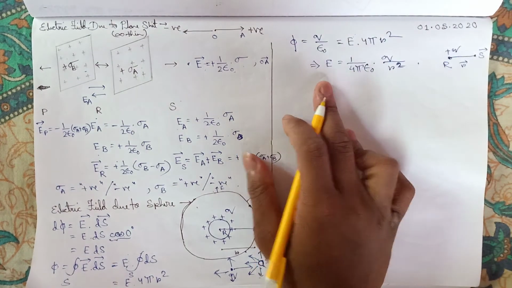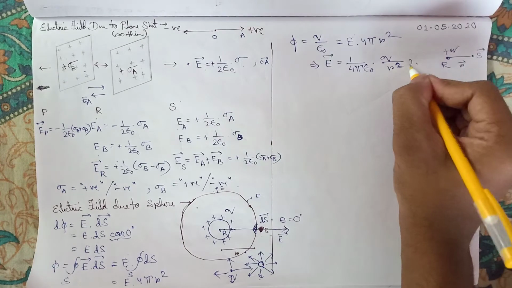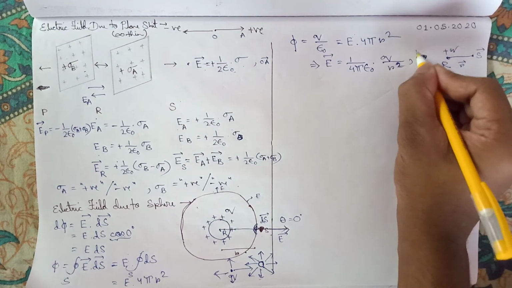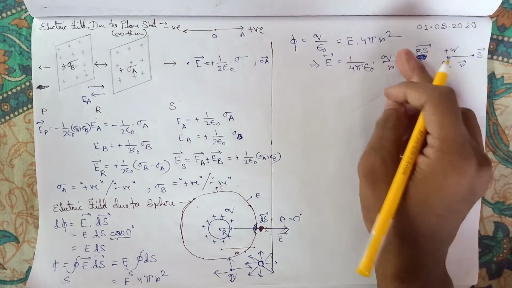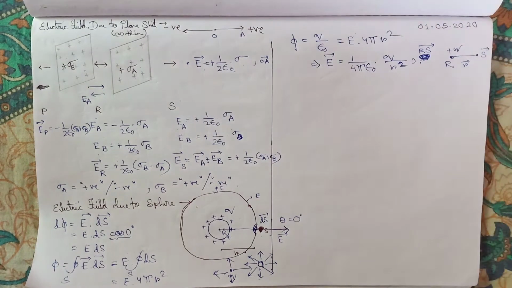I have already found it, and the direction, if you name it, will be along R to S direction. Or you can provide r cap here. I have already shown you how to make the magnitude of a vector into a vector quantity, just by putting a unit vector with it.